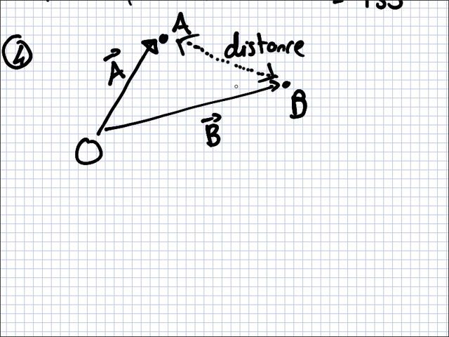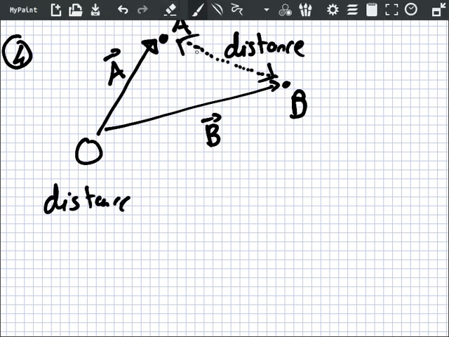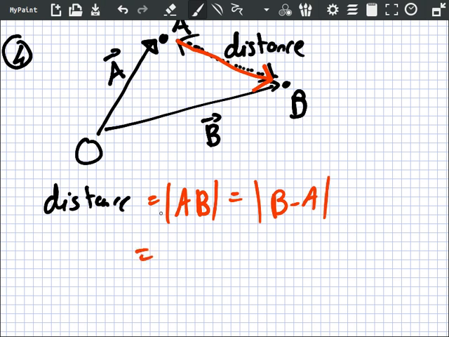Got that? Yeah? So what did you do, Gao? Same as last question. Ah, very good, okay. You figured out that the distance is the magnitude of the vector AB, which is the magnitude of B minus A, which is what we did last time.